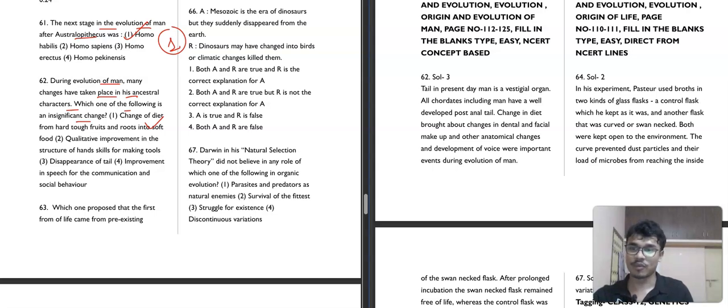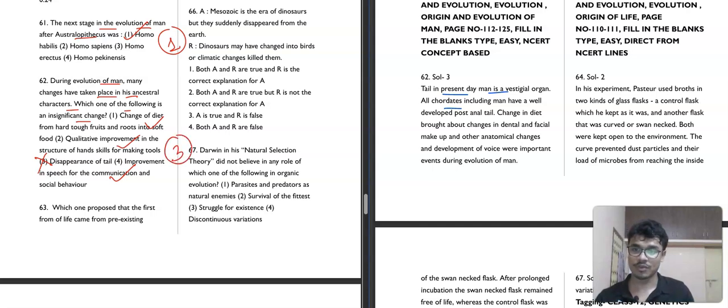Then qualitative improvement in the structure of the hand for making tools. Yes, we can make a lot of things with our hands now. And disappearance of tail. So it is insignificant. Basically, the tail is a vestigial organ. Improvement in speech for communication and social behavior. This is also significant. So the third option will be your correct answer.